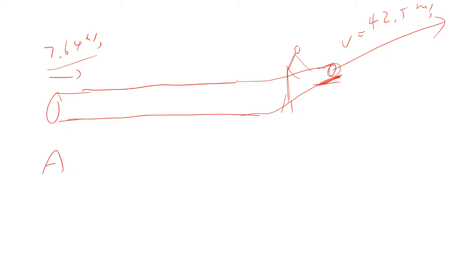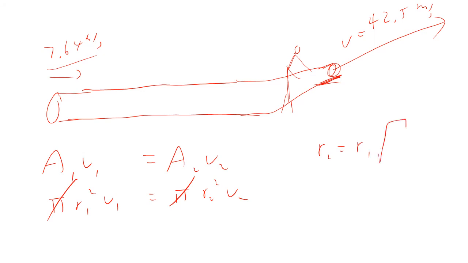So A1V1 has to equal A2V2. So pi R1 squared V1 equals pi R2 squared V2. So the pi's cancel, and R2 comes out to be R1 times the square root of V1 over V2.